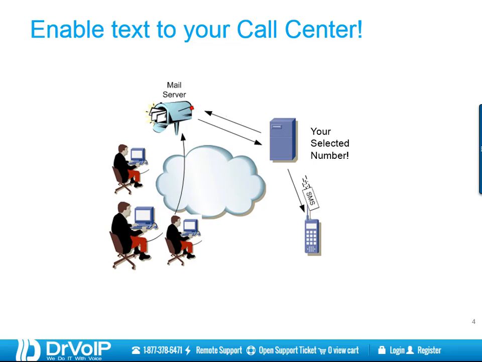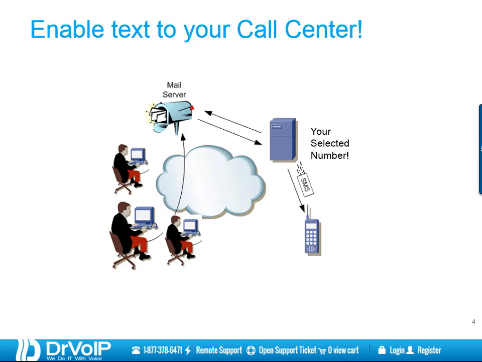We enable you to get your own text number. We let folks send a text to that number. We'll take it into the portal, convert it to email, and we'll send that email off to whoever you want us to send it to. Typically, that may be the next available agent in your call center.